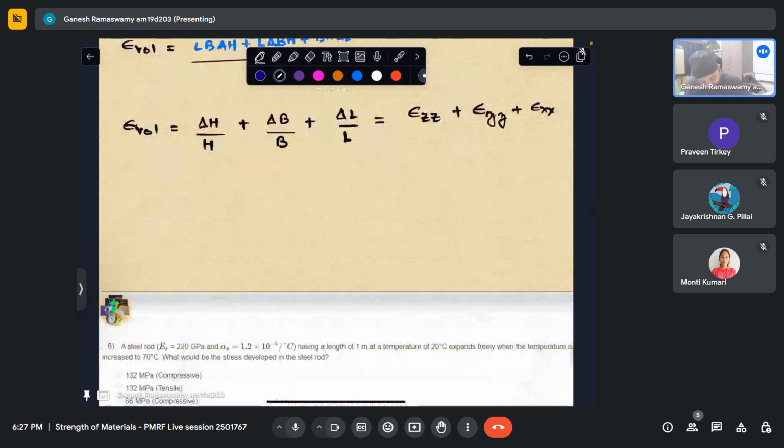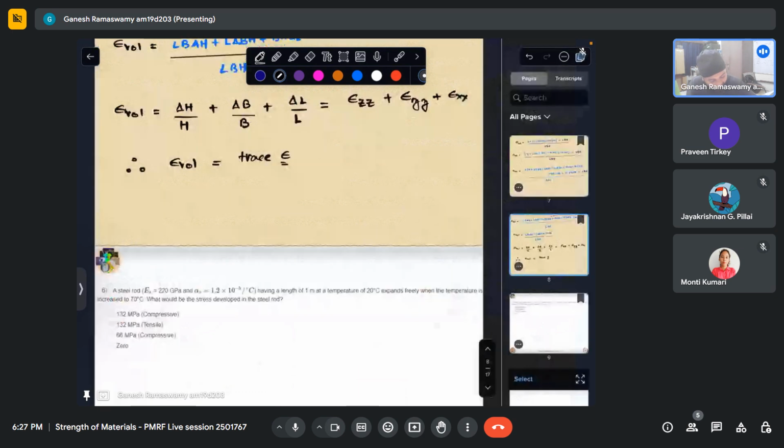So therefore, this gives us that the volumetric strain is nothing but the trace of my strain tensor.